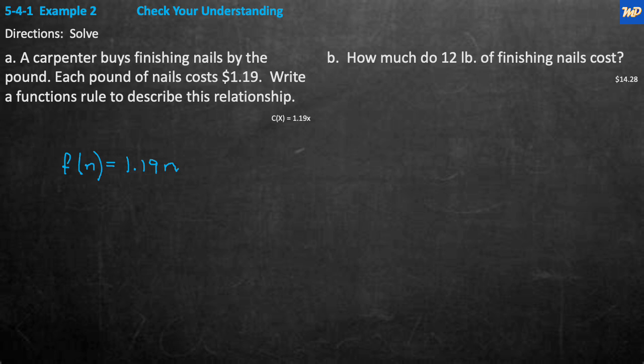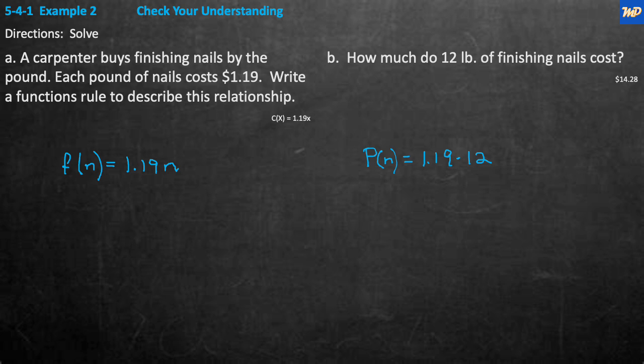And now if you're going to try to put it in B and solve this, let's do the price, all right? The price of n pounds of nails is equal to 1.19 times 12.